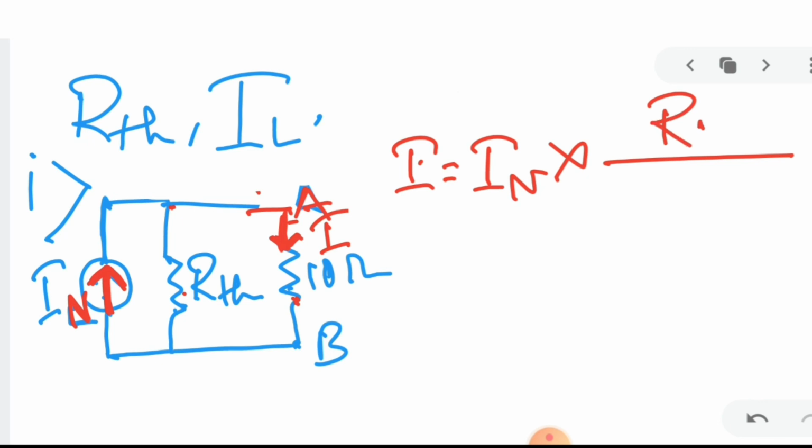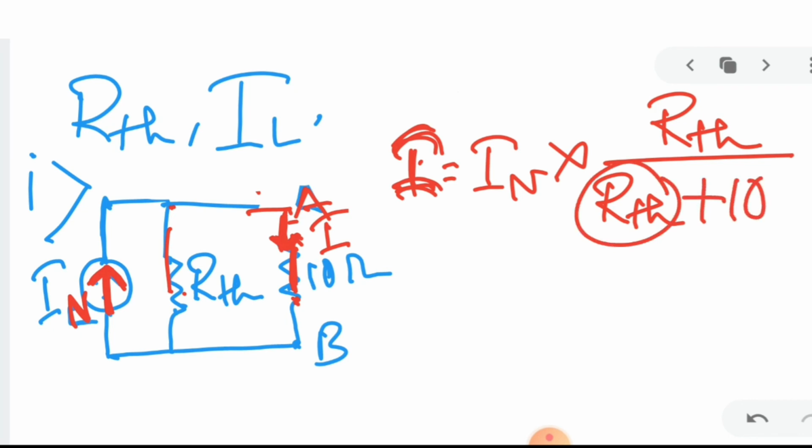So here it is RTH in the upper portion, and in the lower portion it is RTH, the parallel portion, and the I is flowing through whichever resistance. So it is 10 here, so it is 10.